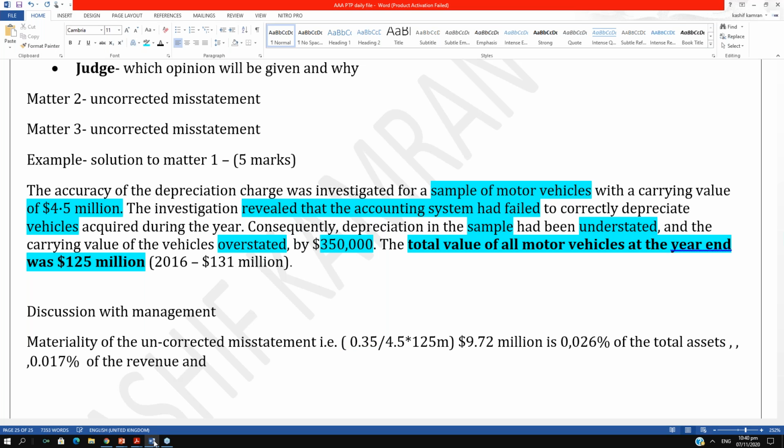And how much percentage of the profit? 0.38% of the profit. Are those the right percentages, everyone?